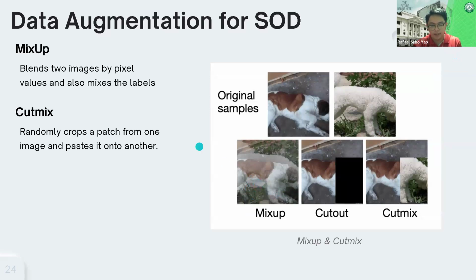While CutMix cuts a patch from one image and pastes it into another. So for small object detection, these techniques introduce diversity too. Small objects get mixed into unusual contexts, forcing the models to generalize better, especially when training data is limited. So this kind of augmentation helps prevent overfitting and improves robustness.